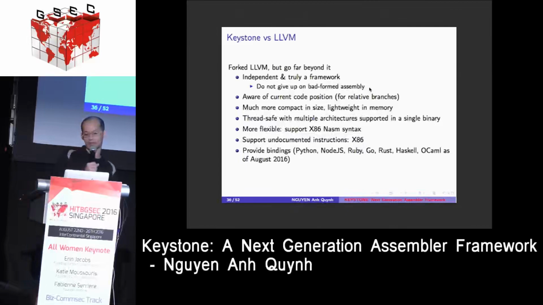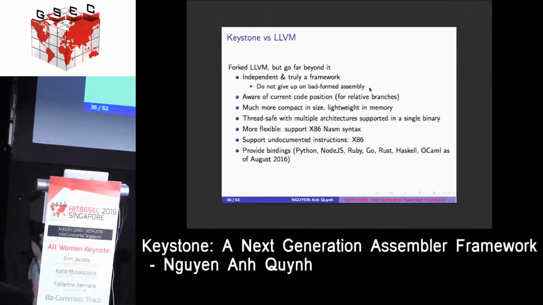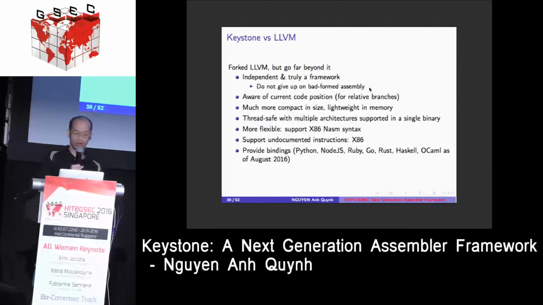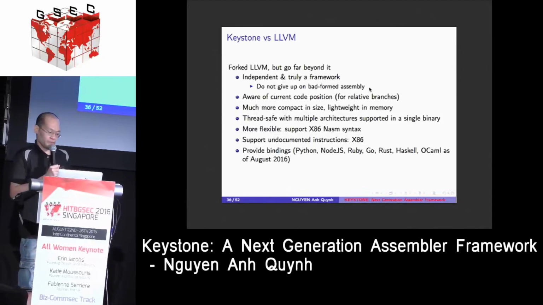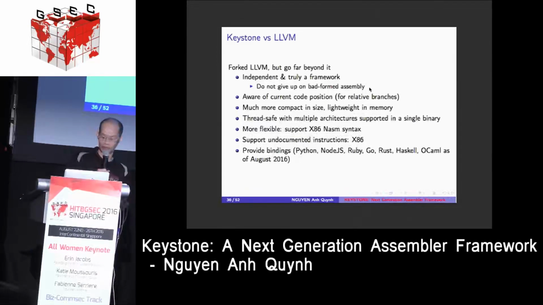Okay, so here's a quick summary comparing Keystone with LLVM. We forked LLVM to build Keystone, but Keystone goes a lot further, does a lot more, and does a lot better. So Keystone is a true framework. We do not give up on bad input, and we allow tools built on top of Keystone. You cannot do that with LLVM.